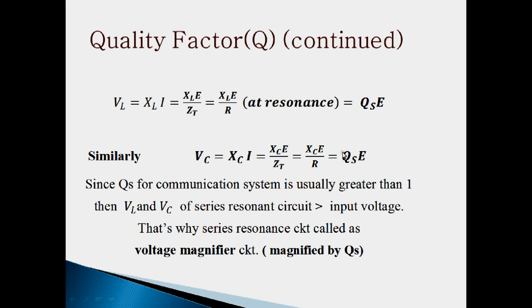In other words, this series resonance circuit is also called a voltage magnifier circuit, because voltage across inductor and voltage across capacitor at resonance is magnified by quality factor. Example, if quality factor is 5 and applied voltage is 10, then at resonance the voltage across capacitor and inductor is 50 volts.